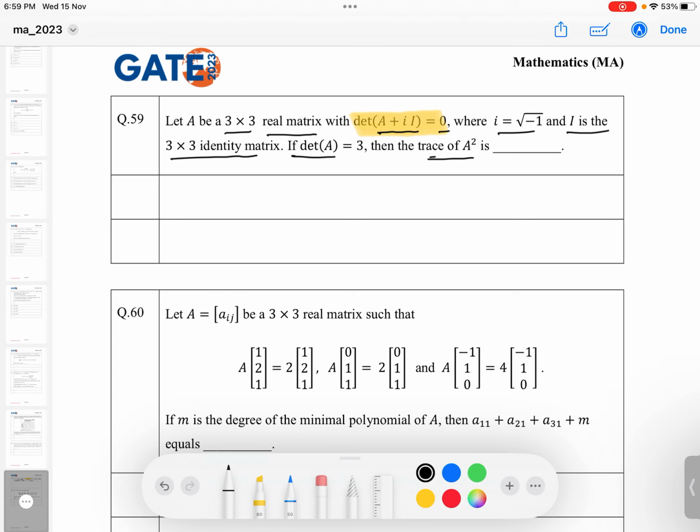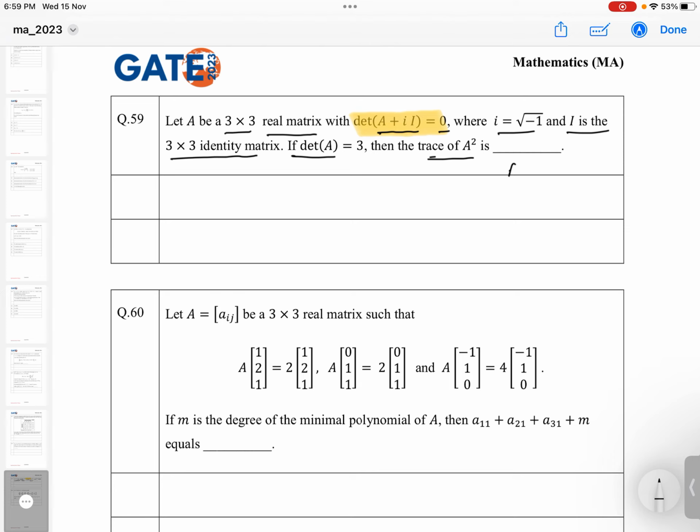If you remember, if we have matrix A and we want to find the eigenvalues, then we write A times x is equal to lambda x, where these x's are eigenvectors and this is the eigenvalue. And from here what we do is A minus lambda I times x is equal to 0.